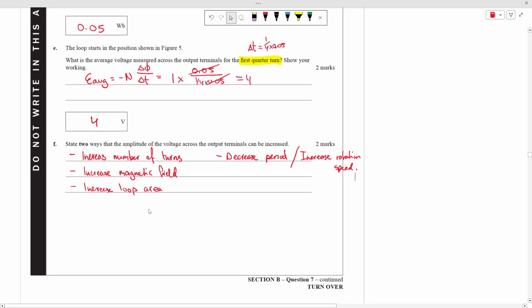There we go. So either of those, so 2 of those options, I guess you could say. All right.